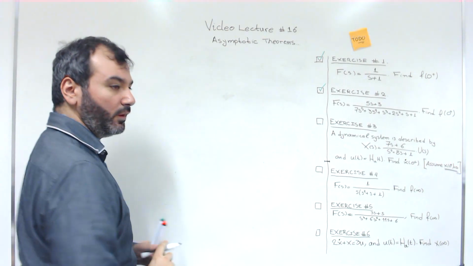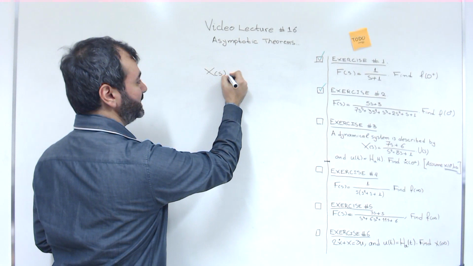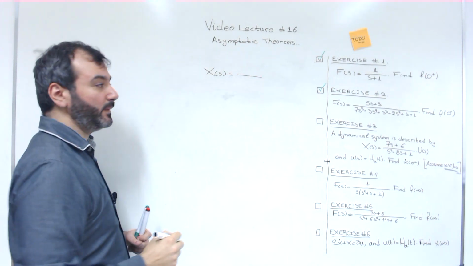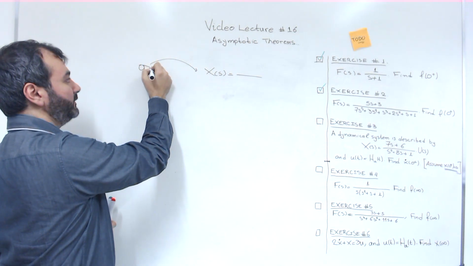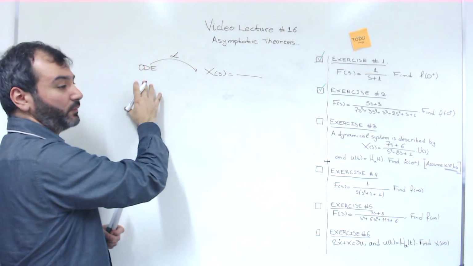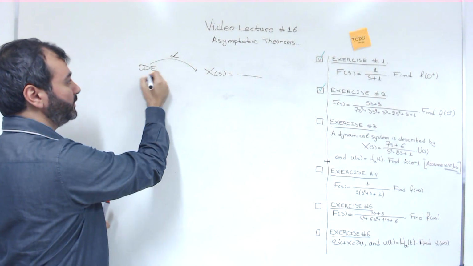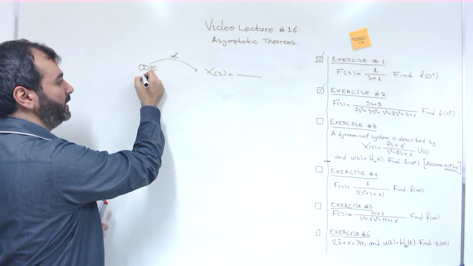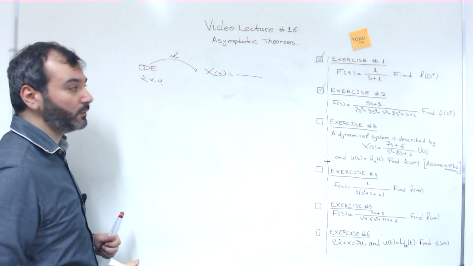You can try one more exercise to practice. Consider that a dynamical system now is given in the S domain. This means that there is some ordinary differential equation on which we applied the Laplace transform, and this is what we obtained. So there is some ordinary differential equation involving x dot, x, u, perhaps u dot, and so on.